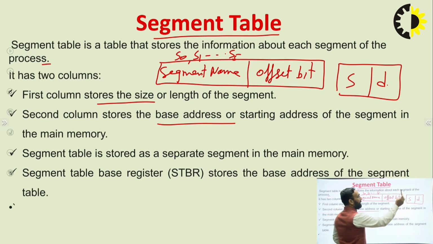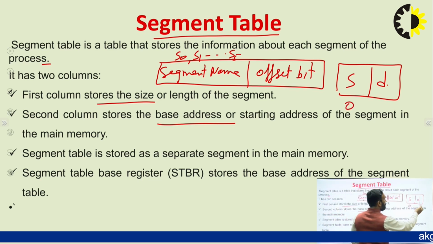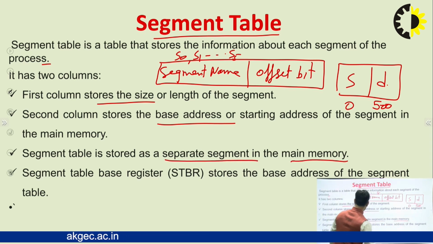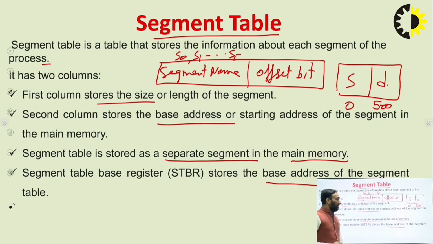For example, for segment 0 the offset bit will represent its limit, that is 500 or 50, whatever we transfer here. Then the segment table is stored as a separate segment in main memory. After that, the segment table base register stores the base address of the segment table. So these are the contents of a segment table.